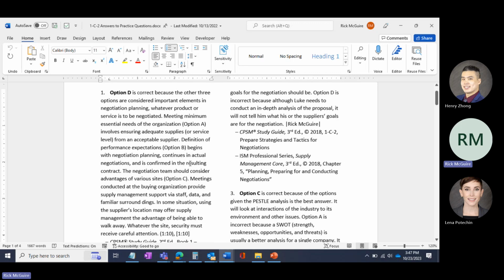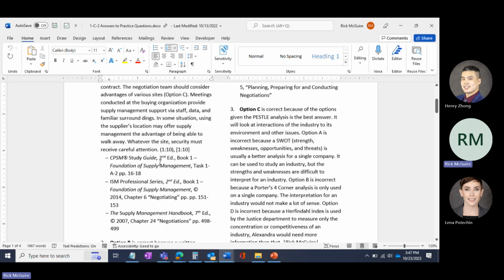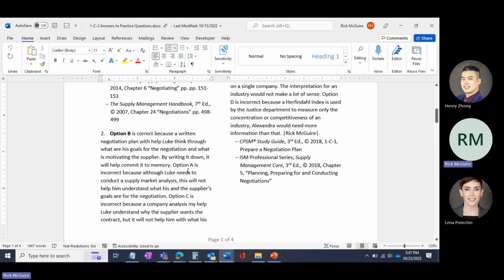All right. Number 1 is delta, because the other 3 options are considered important elements in the negotiation planning. But the workers to administrators doesn't really matter. 2 is bravo, because a written negotiation plan will help Luke think through what his goals are for the negotiation.